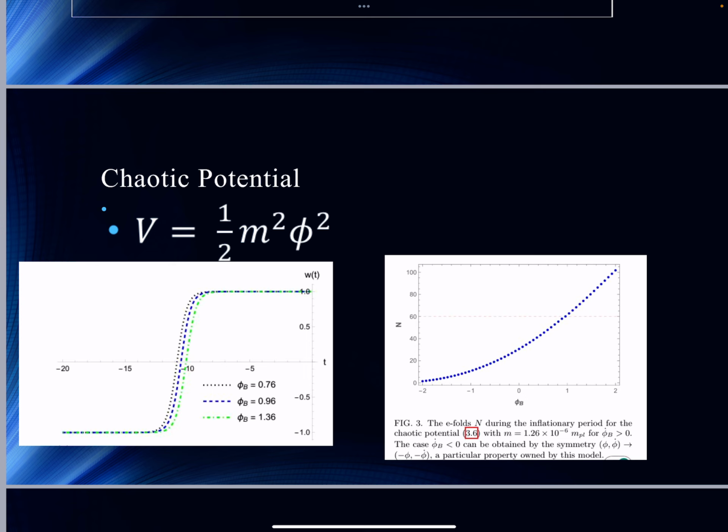So the equation of state you can see on the left here, and you can roughly break this up into three sections. You have the first section, which is where the equation of state is equal to about -1. This is what's known as the pre-bounce region.